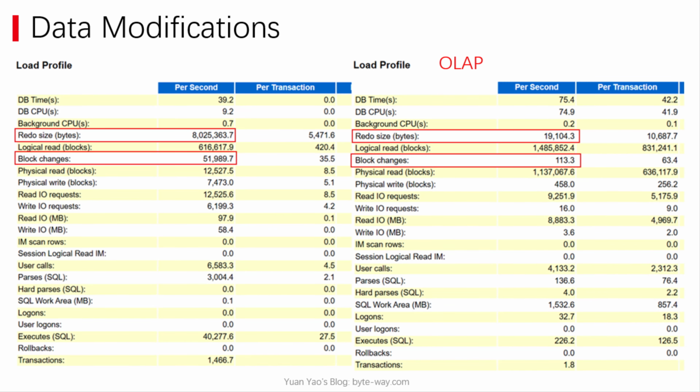Metrics like block changes and redo size, which measure how much data is being modified, are usually much higher in OLTP workloads. That's because OLTP applications are constantly inserting, updating, and deleting data. OLAP applications, on the other hand, hardly ever change the data. They mostly just read it, so those numbers stay pretty low.